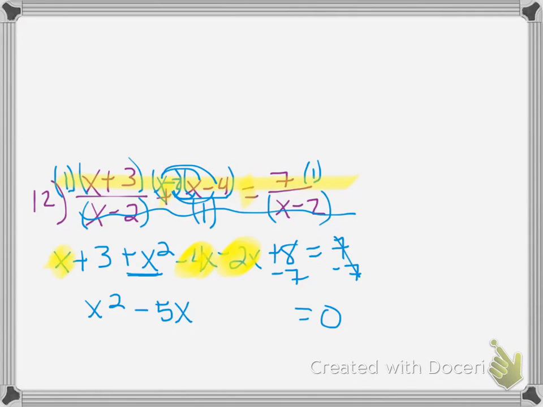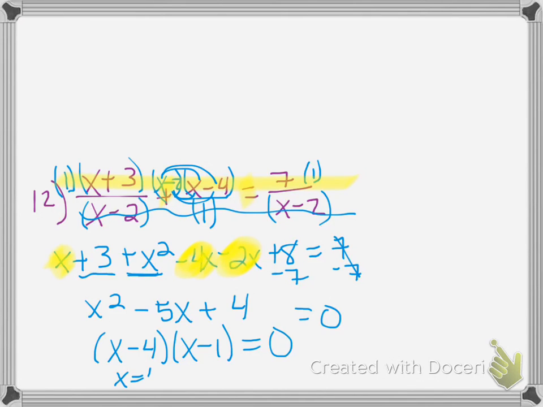And then you've got 3 here, and 8, and minus 7. So 8, 9, 10, 11. 11 minus 7 is 4. Okay, so then what multiplies to positive 4 and adds to negative 5? That's x minus 4, x minus 1. So what are my two answers? X equals 4, and x equals 1.